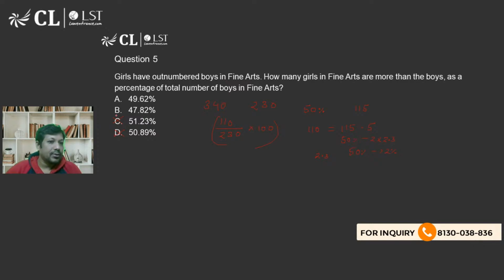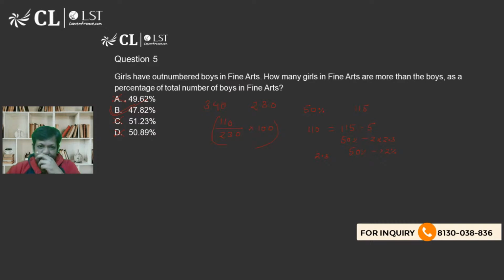So my answer of this question is going to be option B, not A. Got it? So whenever we have these kinds of questions, you can always take this approach directly. You can get the answer. You can also assume 230 as 250 and get the answer. But even if you consider that as 250, it's not very difficult to calculate the answer.